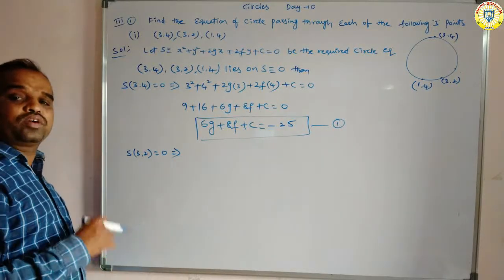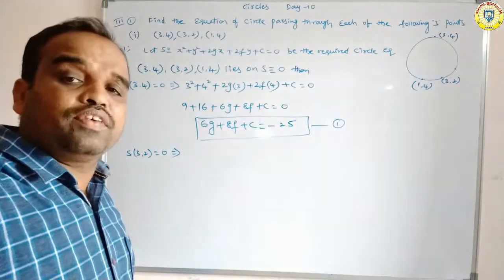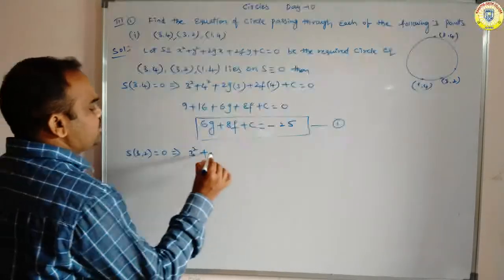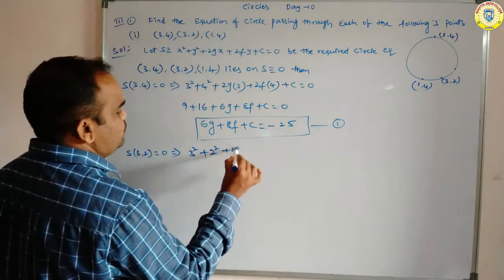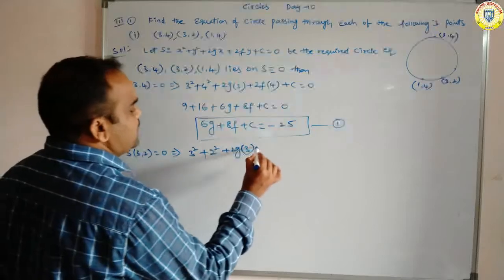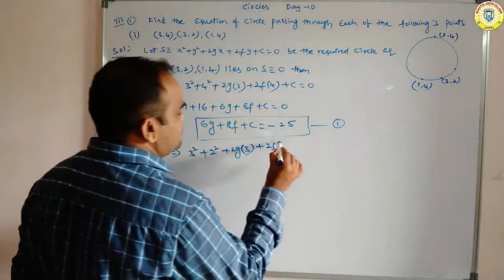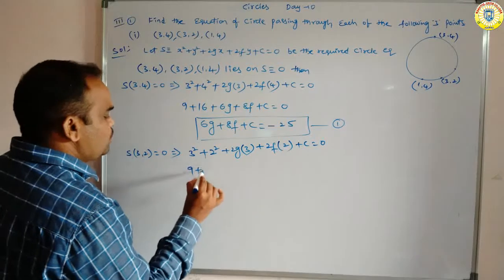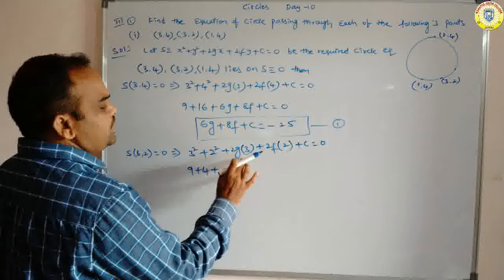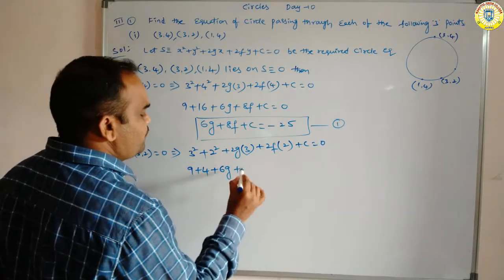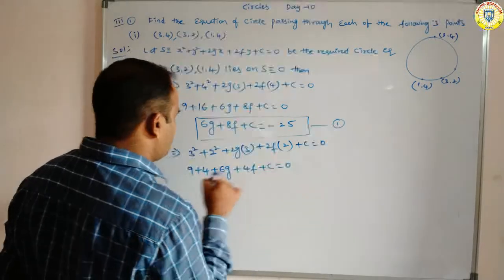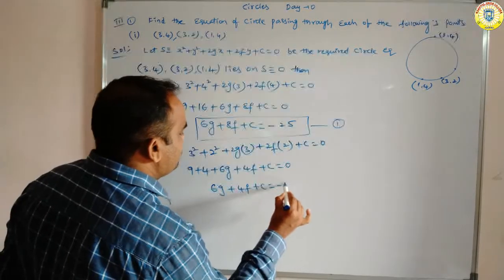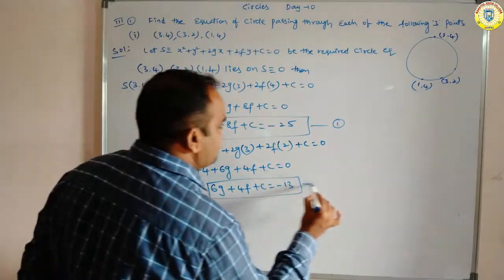Now x is equal to 3, y is equal to 2: x square plus y square, 2g into x, x is equal to 3, plus 2f into y, y is equal to 2, plus c is equal to 0. 3 square is 9, 2 square is 4, 2g into 3 is 6g, 2f into 2 is 4f, plus c is equal to 0. 9 plus 4 is 13. So 6g plus 4f plus c is equal to minus 13. This we are taking as equation 2.